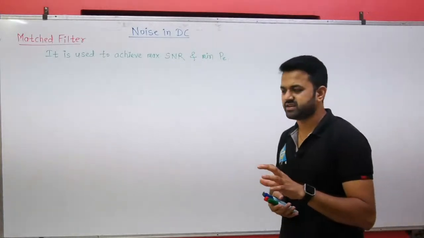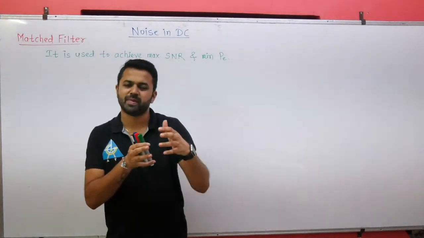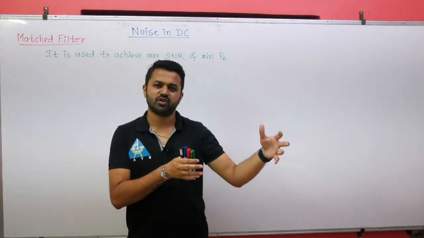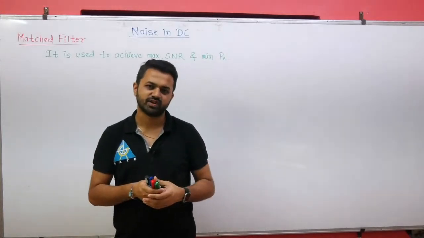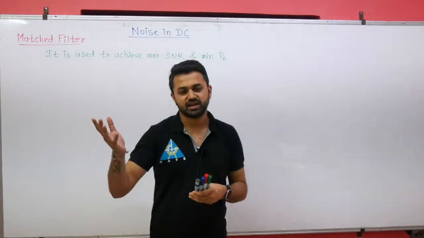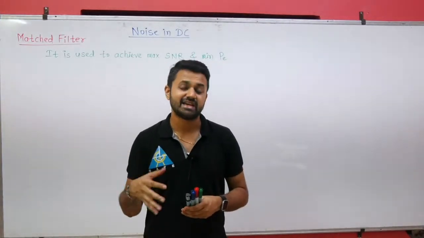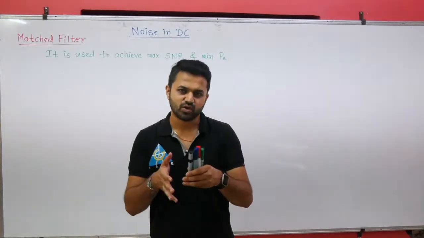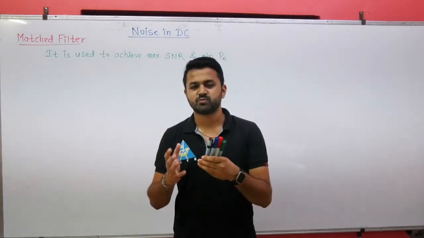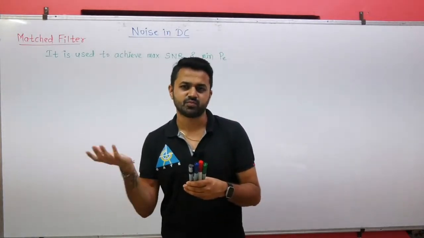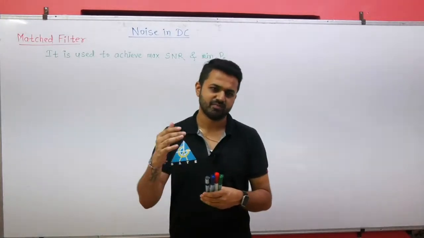The match filter is used because we want to match the response of the filter with the input signal to the filter. Suppose the input signal is triangular, then we want the filter to also have a triangular response. So the response of the filter is matching the input to the filter, and that is why it is called a match filter.